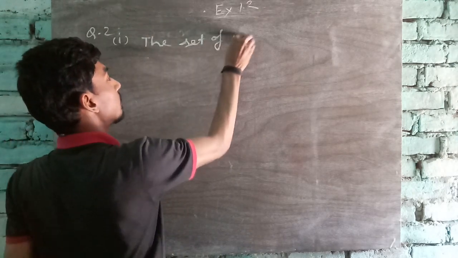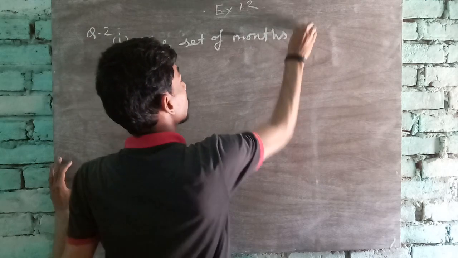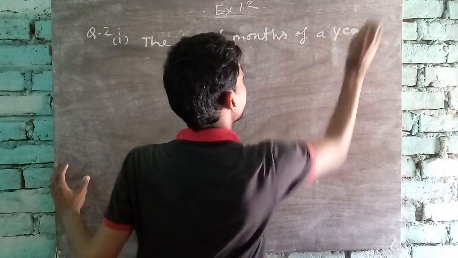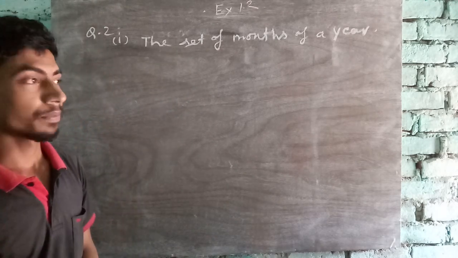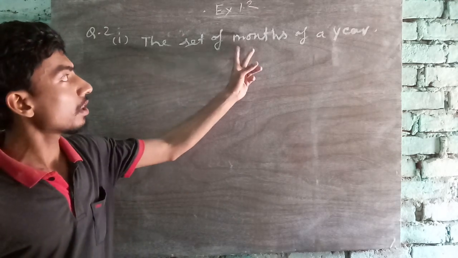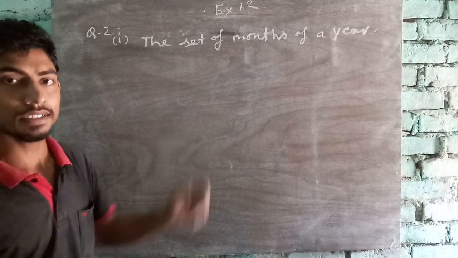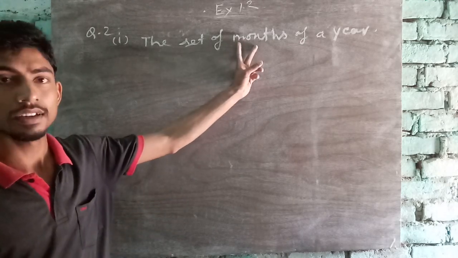The set of months of a year. Here we can count. Here the elements of the set are definite because there are only 12 months.